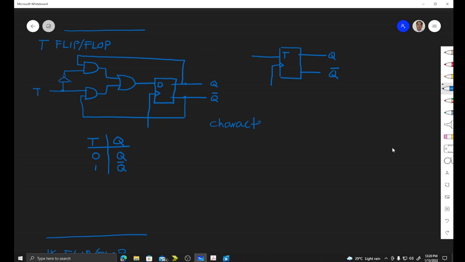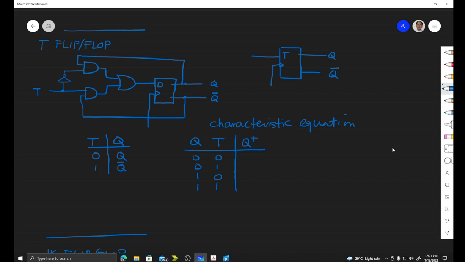The characteristic equation for the T flip-flop: we have our inputs Q and T, and to get our next state Q plus, we have 0, 1, 0, 1.